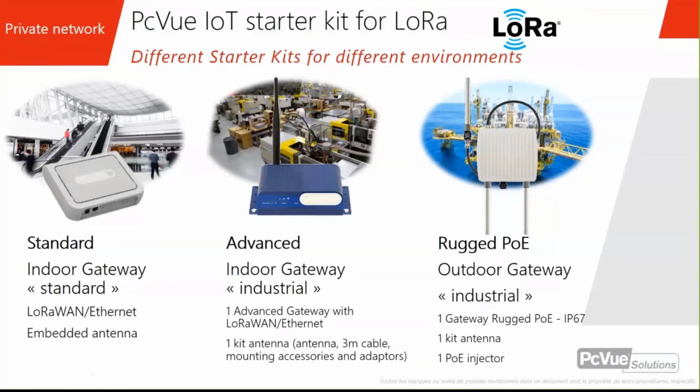Then you can go to the advanced gateway, a more industrial one for your plant, and the last one is the PoE, which you can put outside, where you have dust or humidity or things like that, when you want to cover advanced solutions. So by using this starter kit, you can get all the material and all the knowledge, and start a new project on this.